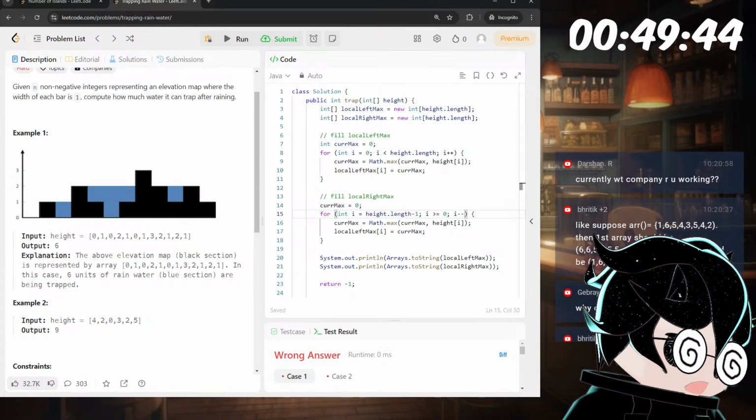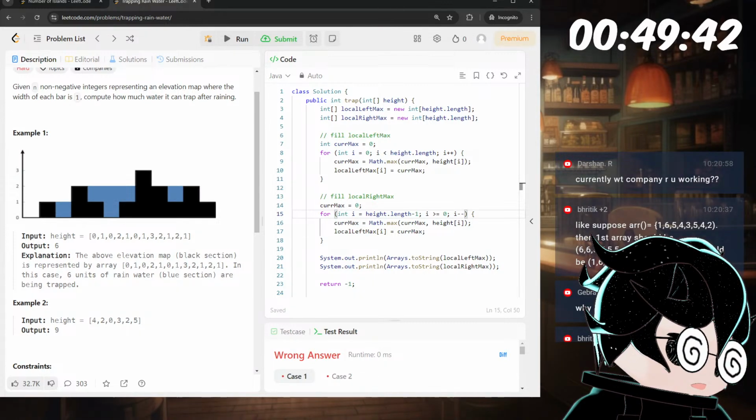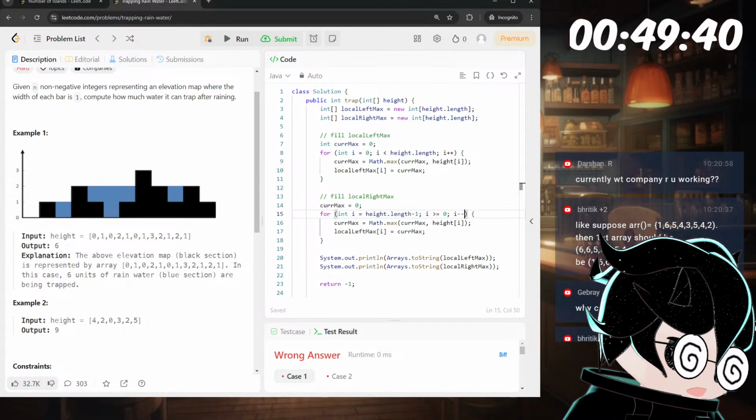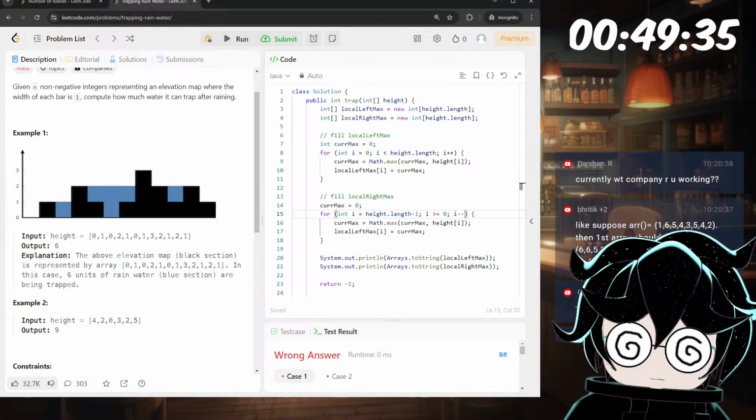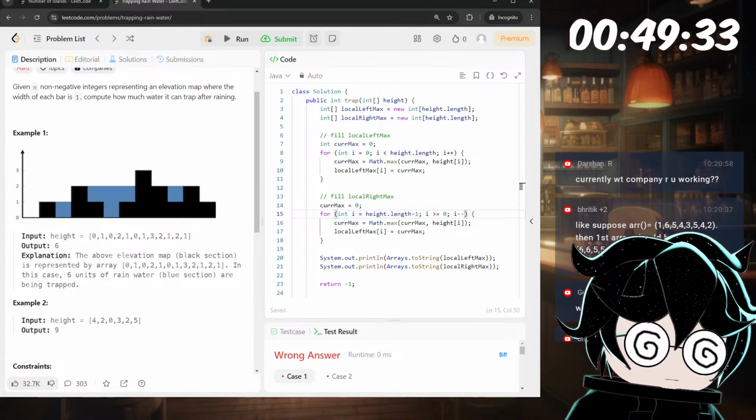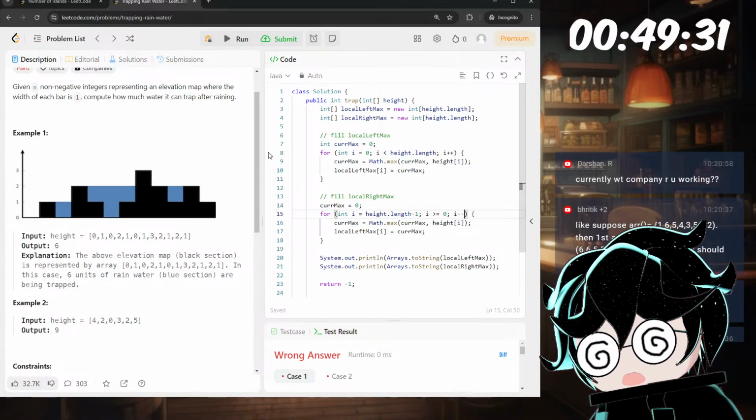Okay, that's from the left. Wait, I don't get it. Why is the first array 6 6 5 5 5 4 4? That doesn't make sense to me. It's the maximum from the right, is it not?